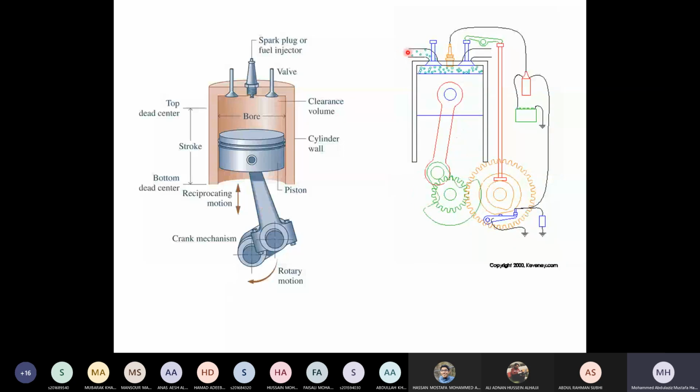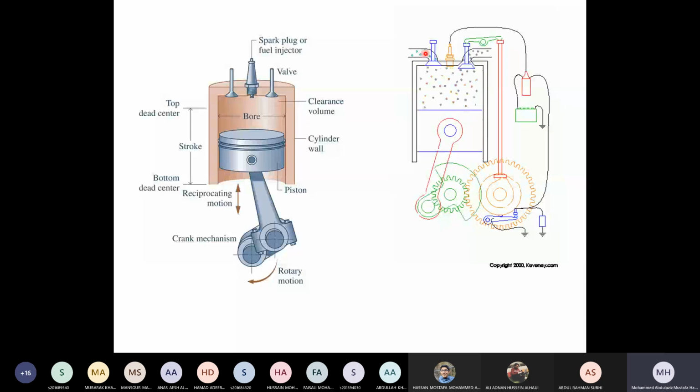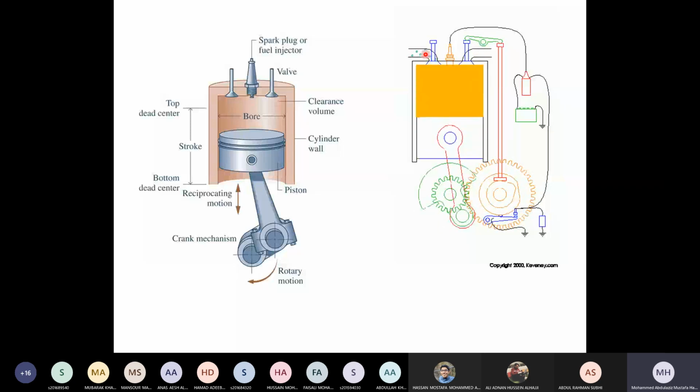You can see here, this is an inlet and this is an exit. In the inlet you have fuel and air going in. What we need here is what we call the charge in, that fuel and air goes inside here. This is from the inlet valves. Then it is compressed and then burned with a spark plug here, and then it exits as exhaust here.